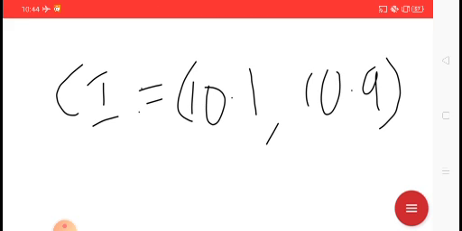Once you have this, you can proceed to part 3: calculate the width of the 94% confidence interval.